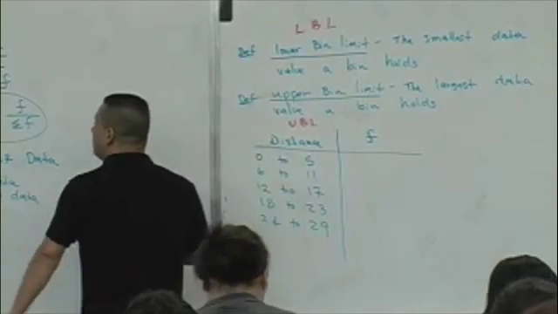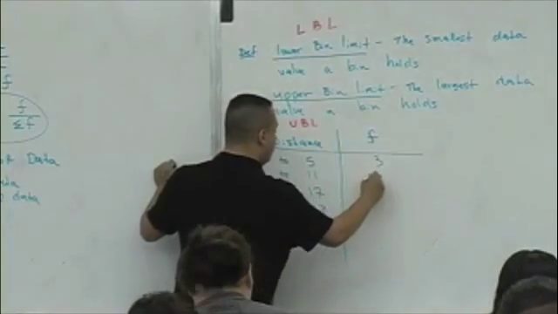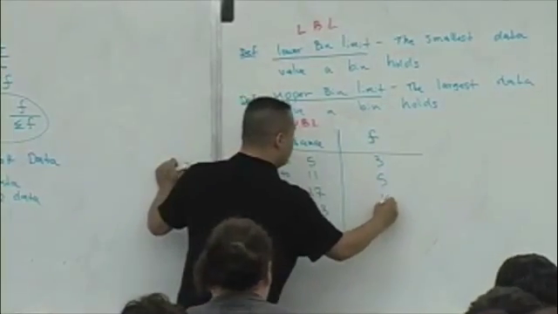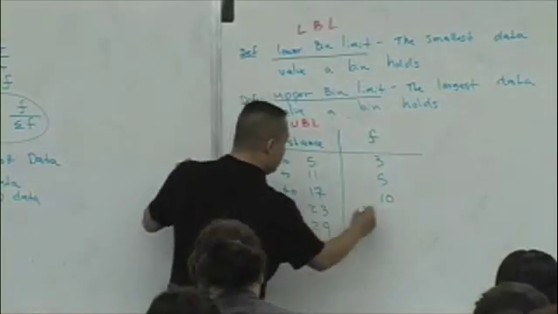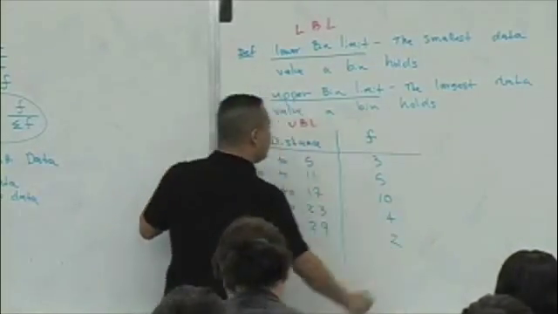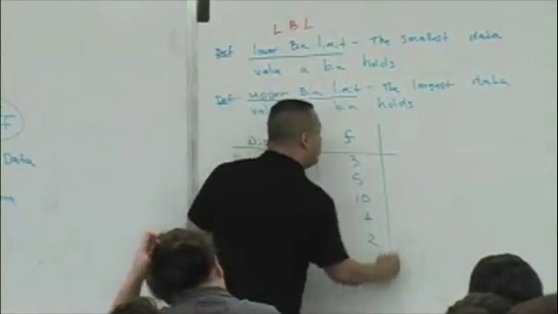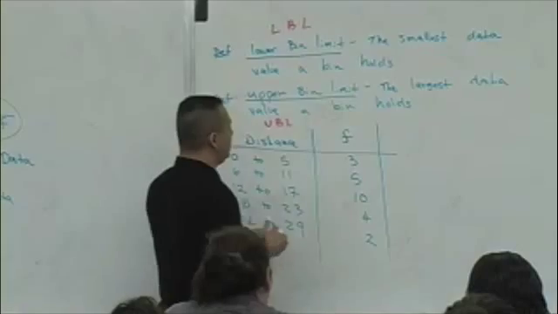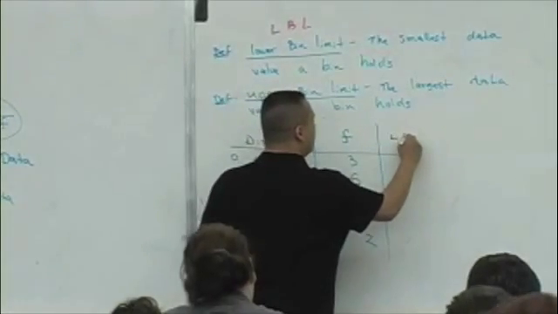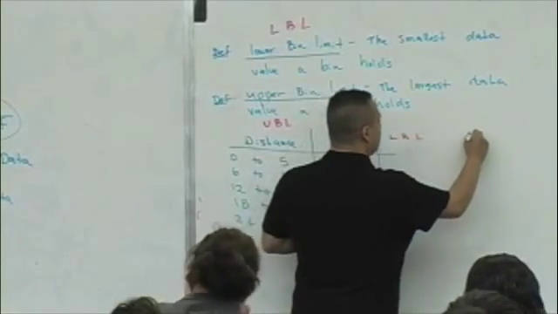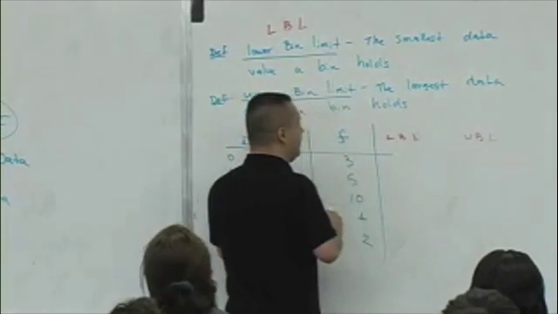And then the frequency values are going to be 3, 5, 10, 4, and 2. Okay? So what I'm going to do now is locate the lower bin limit and the upper bin limit for each bin.